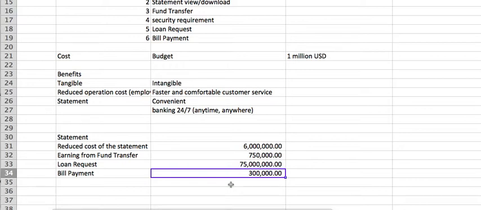And service providers get the bill amount on time, so they have better cash flow and can plan better, and the customers don't have to pay the penalty. So those are the benefits for the customer, right? For the bank, they can just ask the service provider to pay maybe 1% or 2%.